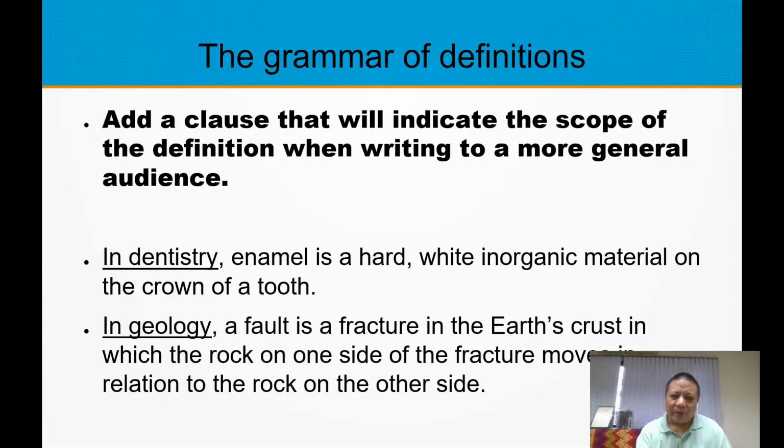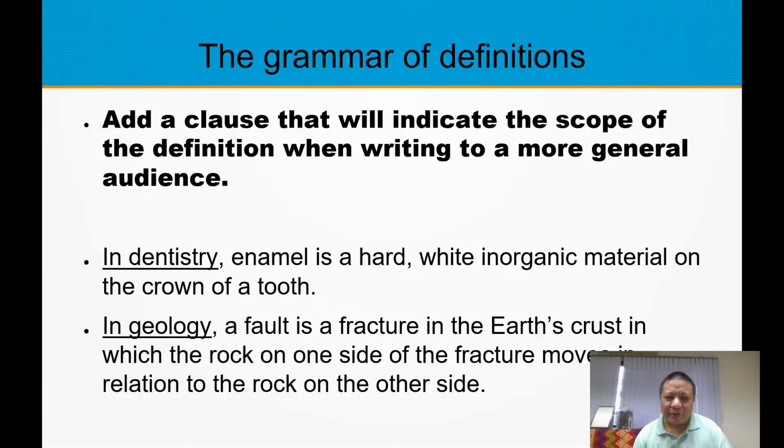Also, it's very beneficial to add a clause that will indicate the scope of the definition when writing to a more general audience. So, for example, in dentistry, enamel is a hard, white, inorganic material on the crown of a tooth. Of course, class, the word enamel has many meanings depending on the field.